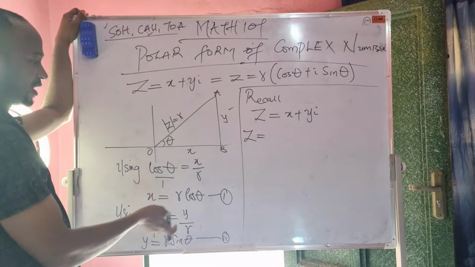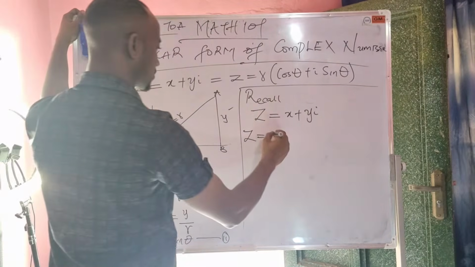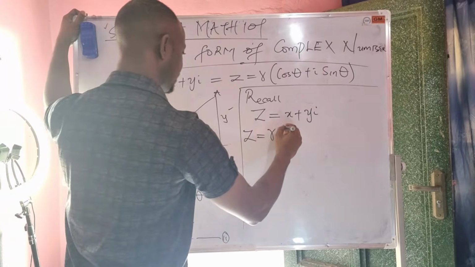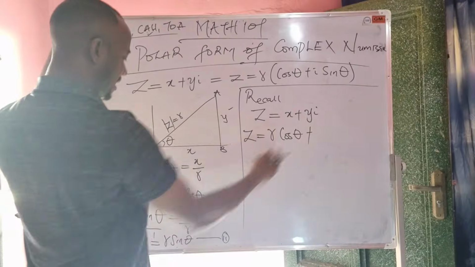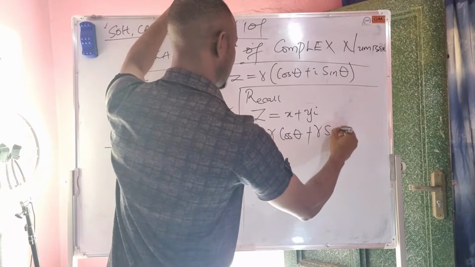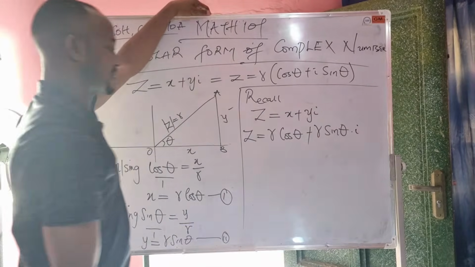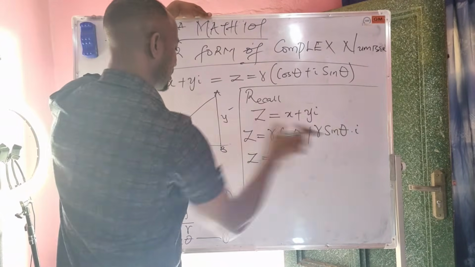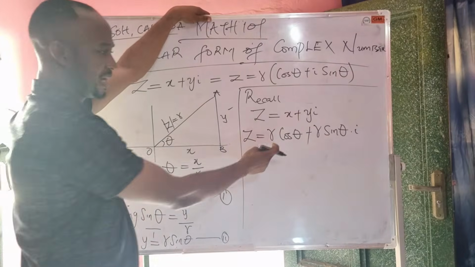I'm going to substitute equation 1 and equation 2 into the general form. x represents r cos theta, plus y represents r sine theta, times i. Then between these two terms, what is common is the value of the modulus, which is r.